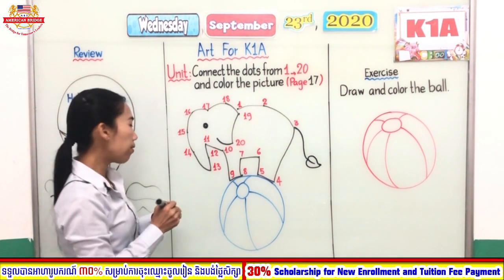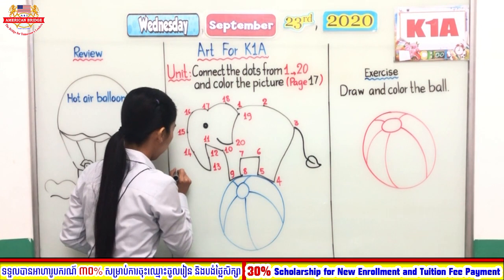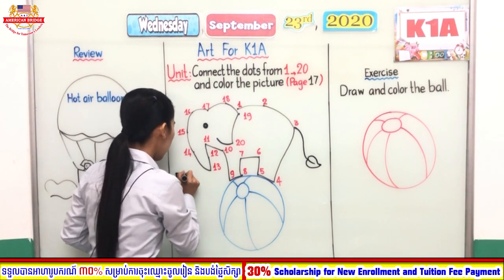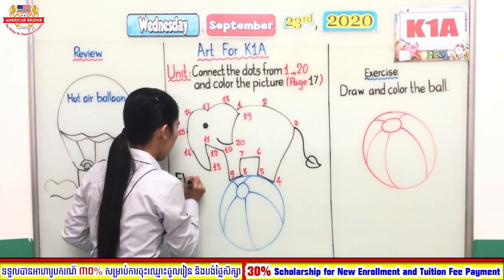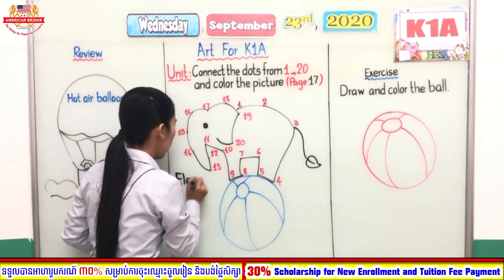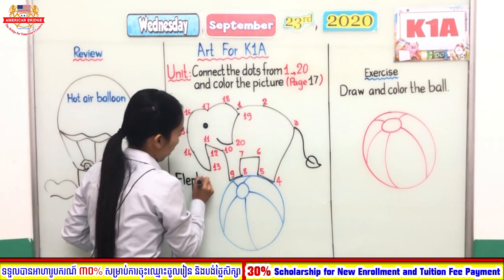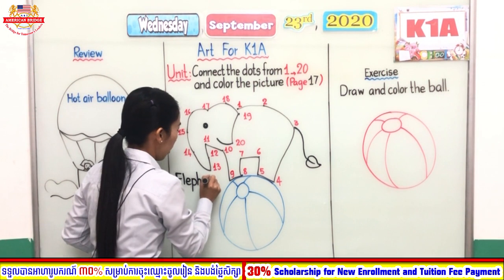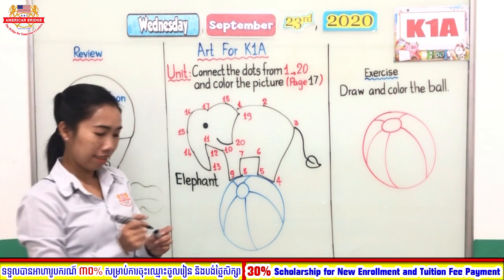Who can spell elephant? Elephant: E, L, E, P, H, A, N, T. Elephant.